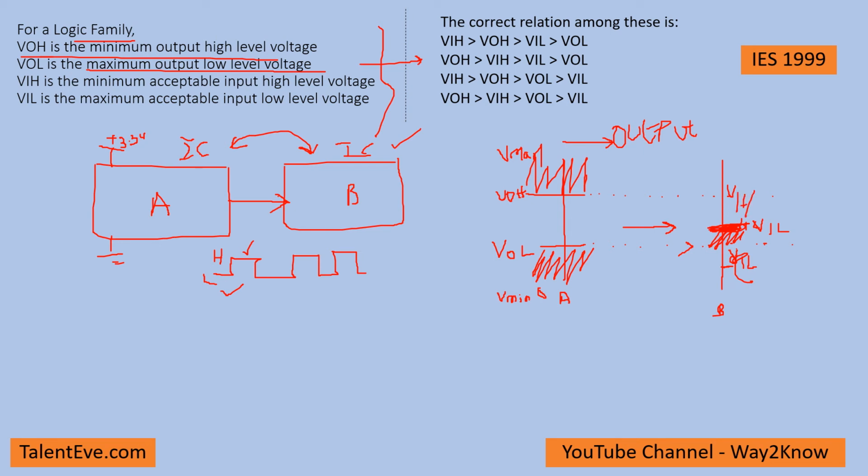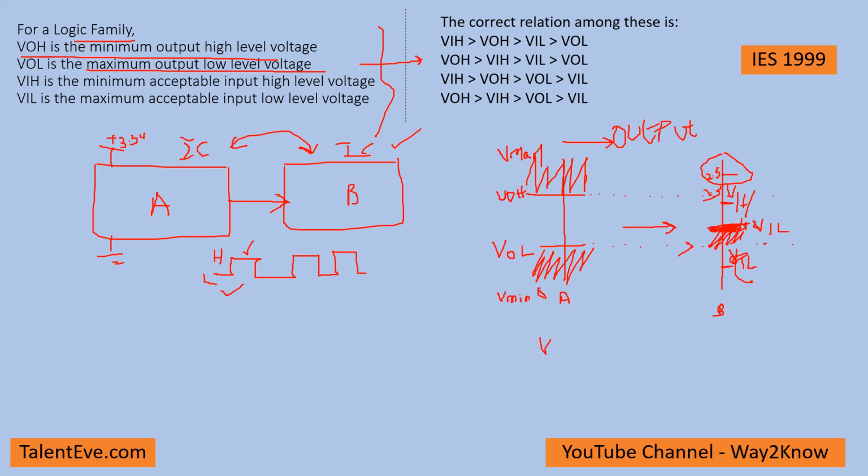If VIH is here, for example, that means VIH is greater than VOH, then VOH cannot be treated as high by this, because for example, if this is 2.3 and this is 2.5, so now 0.5 volts we mean. When VOH is given as 2.3, it cannot consider 2.3 as high, because the minimum voltage itself for B to be treated as high is 2.5. So VOH should always be greater than VIH.